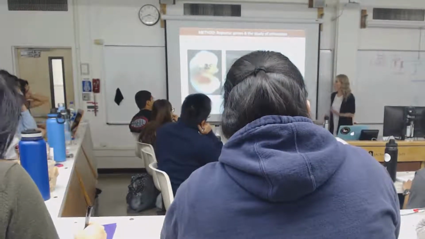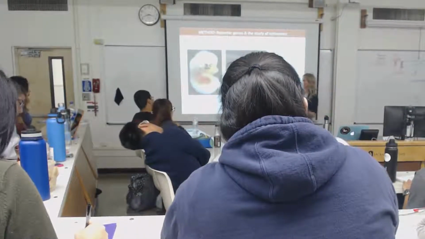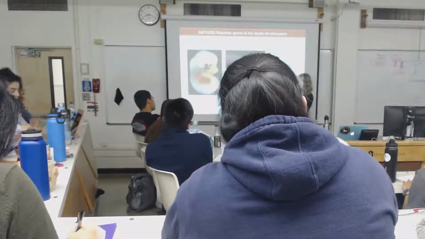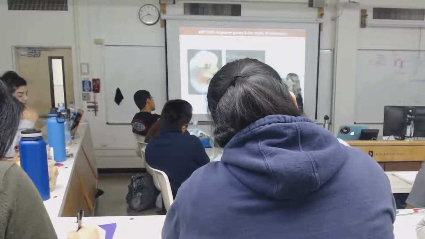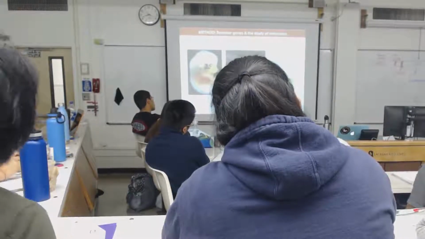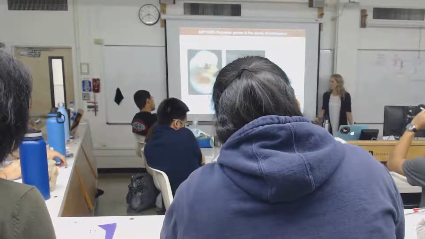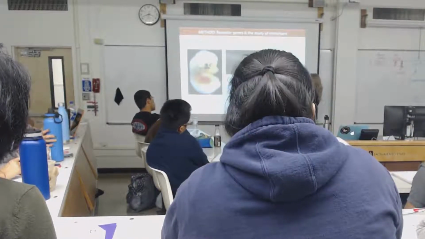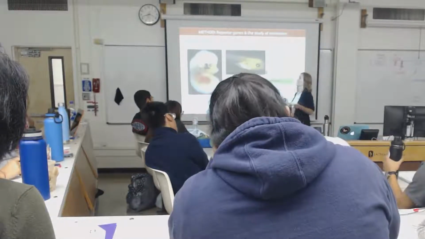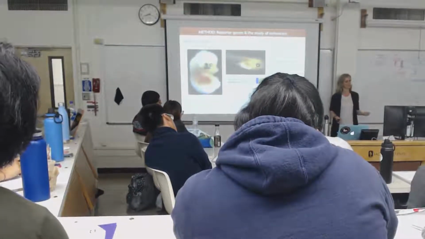Okay, so in this case, what they've done is tacked on the open reading frame of GFP to an enhancer for this gene called lens crystalline protein. And when they tacked on the enhancer for lens crystalline, they saw GFP expression in the lens, which is where that protein is normally expressed.